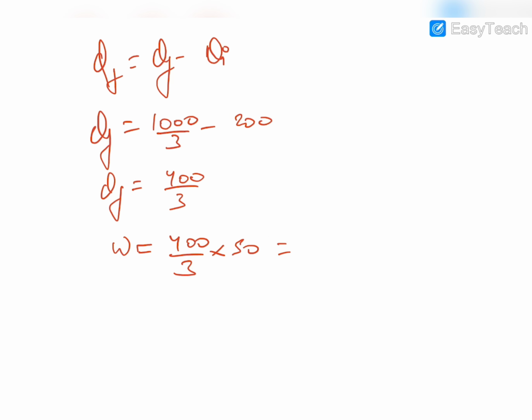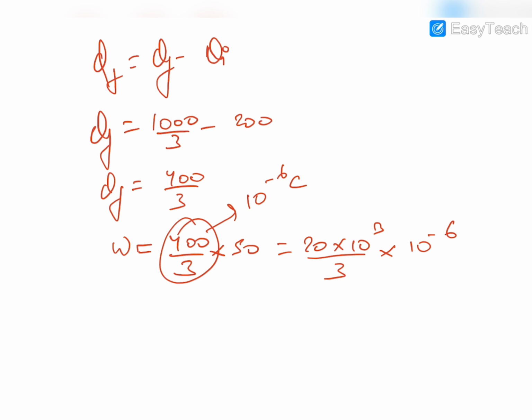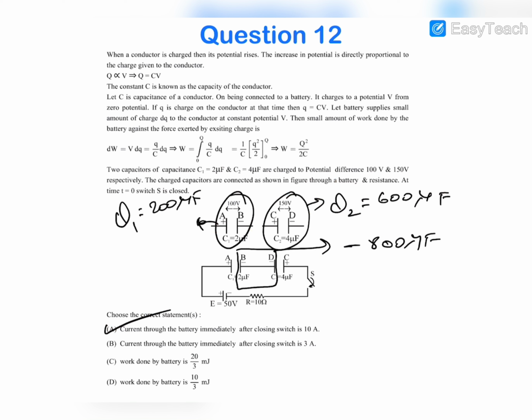So it would be equal to, this is obviously in microcoulomb, so this is 4 into 5 is 20 into 10 raised to power 3 upon 3 into 10 raised to power minus 6. So this is 20 by 3 millijoules. So the correct answer will be A and C.